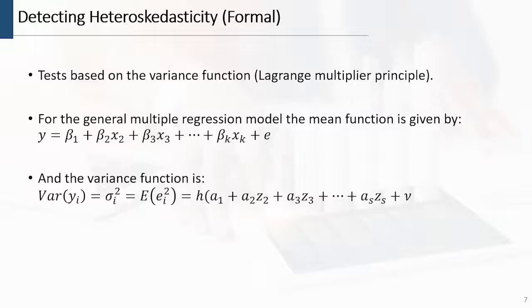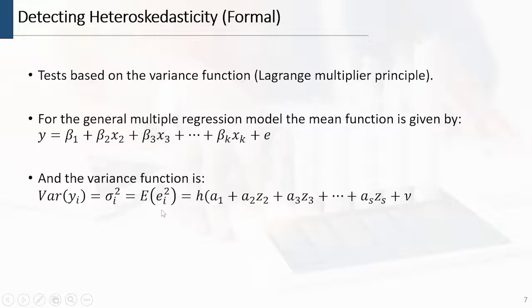And how do we do that formally? Here is the way that we can do it. After you run a multiple regression, just like the standard multiple regression, you calculate the variance of the residual term.